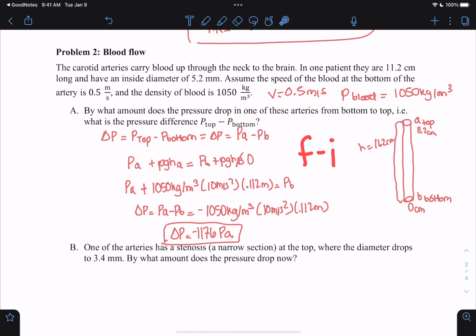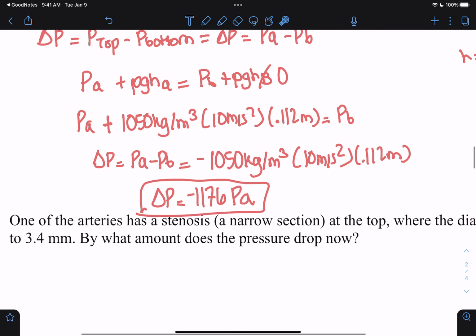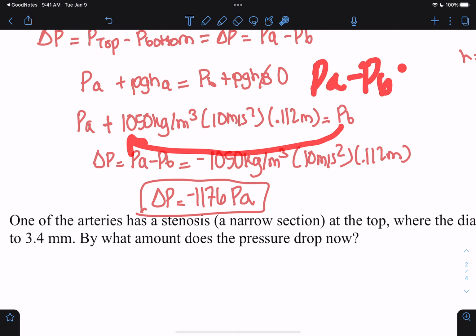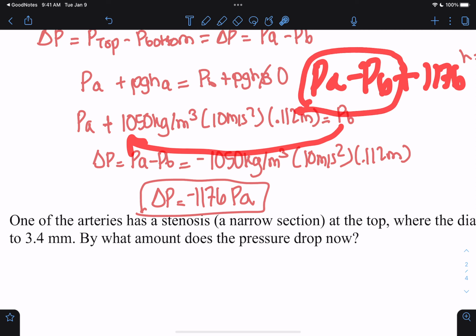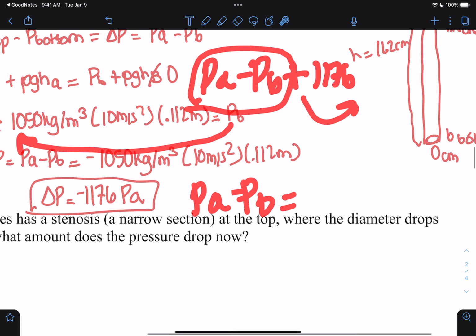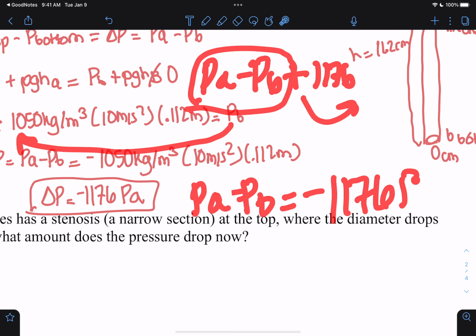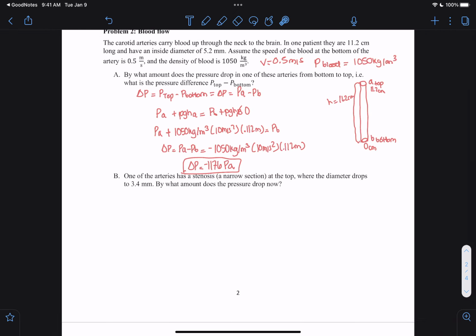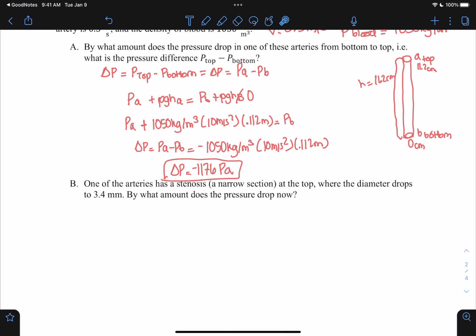So final minus initial, top minus bottom, A minus B, B for bottom. So if I do PA minus PB, then I'm left with PA minus PB plus this 1,176 pascals. If I want to isolate for this, then I subtract it on the other side. So PA minus PB is equal to negative 1,176 pascals. So there should be a pressure drop of 1,176 pascals.